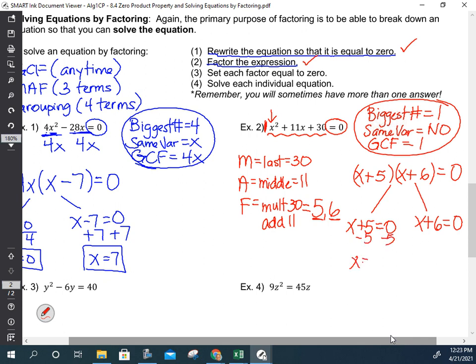So x equals -5. What about the second equation? Subtract 6. That's it. Problem's over. That wasn't hard. That wasn't bad.